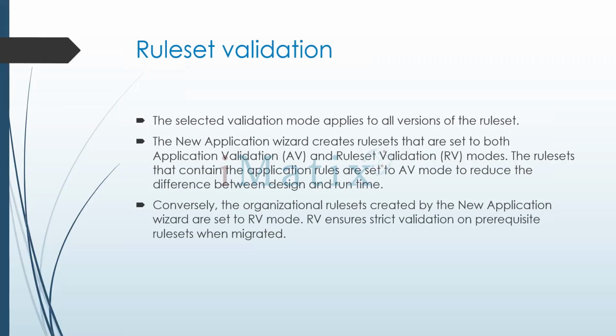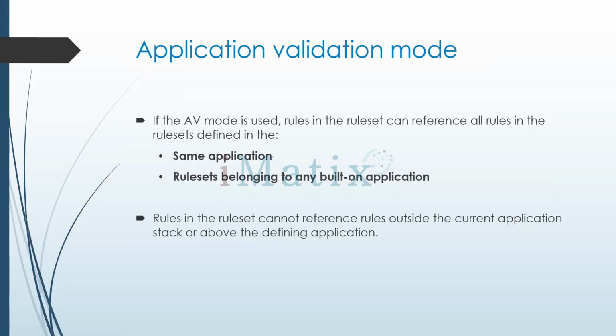But if I'm going to access rules from other rule sets, how can I do it? Is there a restriction on it? That depends upon the mode that you choose. Each validation is going to have certain standards or rules that we are going to talk about.